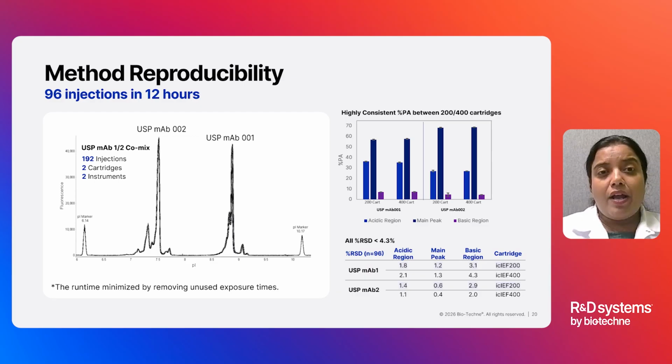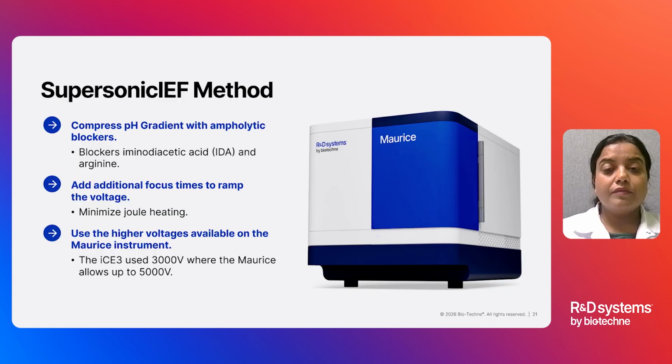The data on the right here shows the acidic, main, and basic peak percentages are highly consistent between the icIEF-200 and icIEF-400 cartridges, with all percent RSD values below 4.3%. These results demonstrate excellent reproducibility across cartridges, instruments, and a large number of injections.